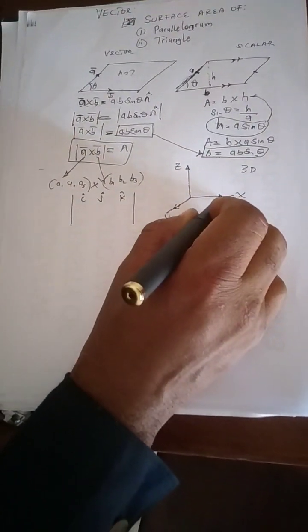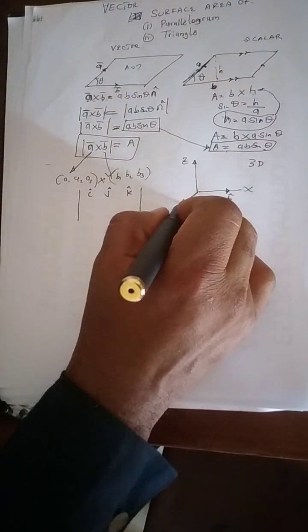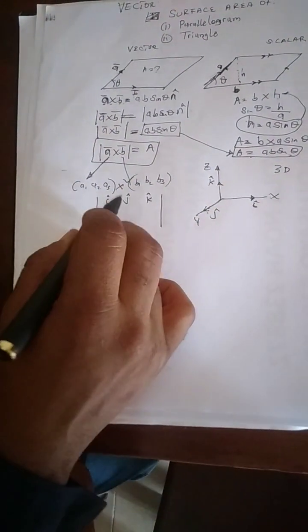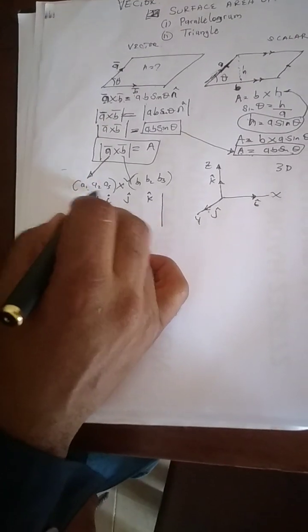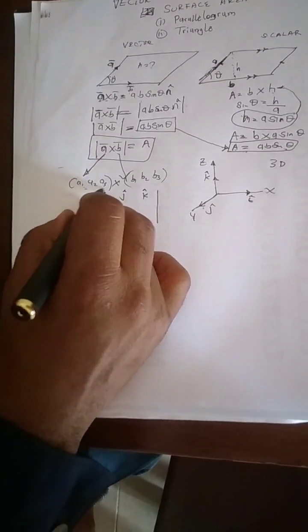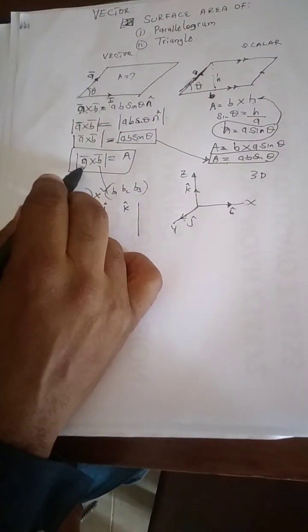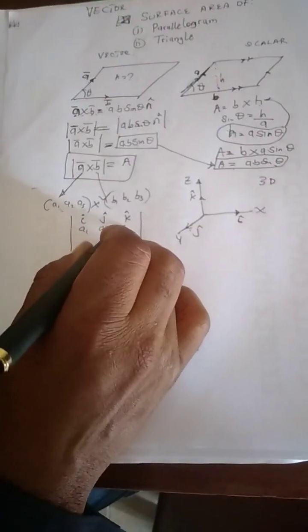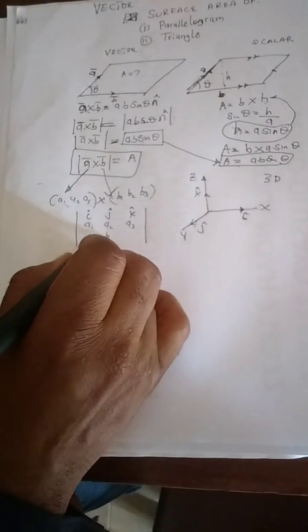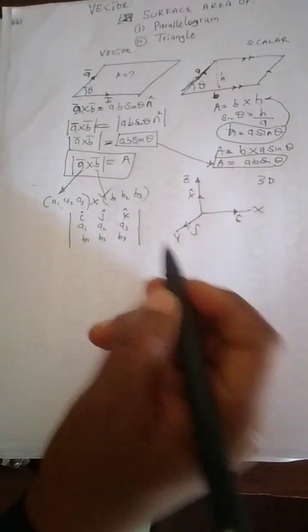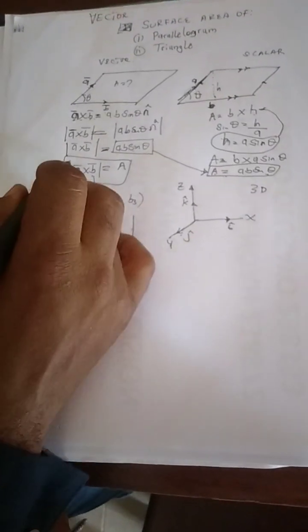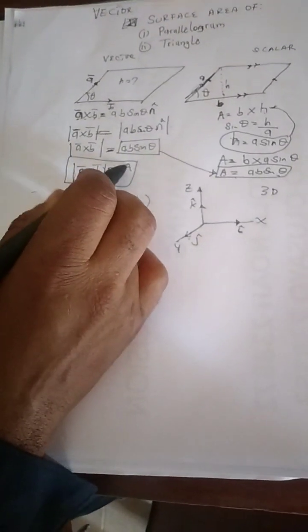For x direction, we indicate with letter i, for y direction, letter j, and for z direction, letter k. Then you distribute the vectors for this a cross b: a1, a2, a3, then b1, b2, and b3. Whatever you get here is going to be a vector. You find the magnitude of that vector, and that will give you the area of this parallelogram.